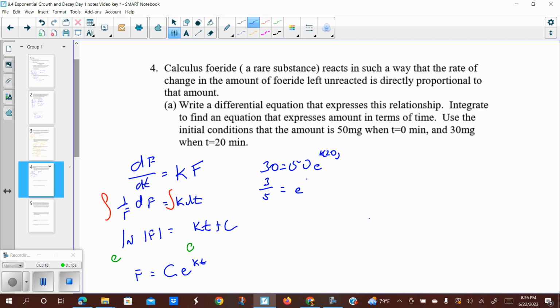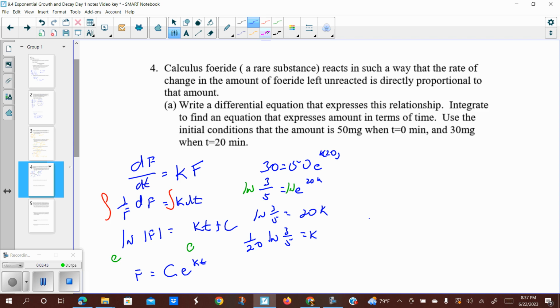E to the 20K. We can then take the natural log of both sides, and we'll get the natural log of 3/5 equals 20K. Solving for K, we'll divide by 20, which is the same thing as multiplying by 1/20. Natural log 3/5 equals K. So there's our K value.